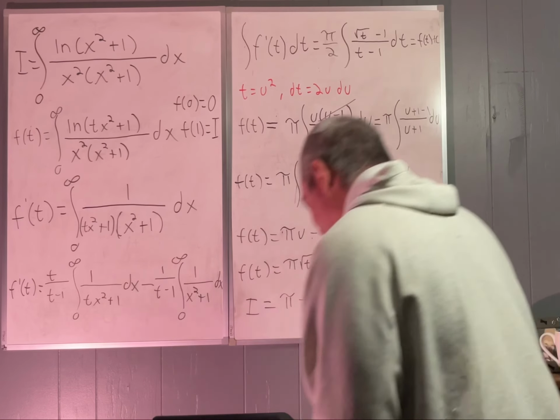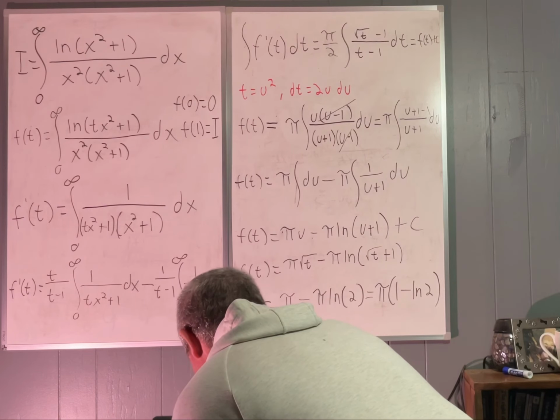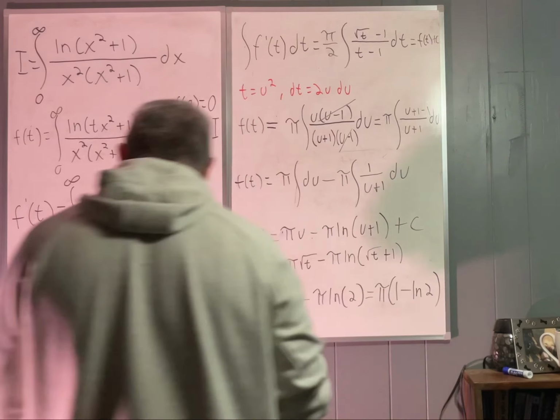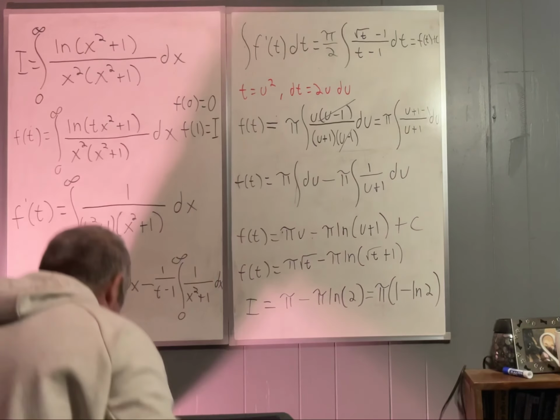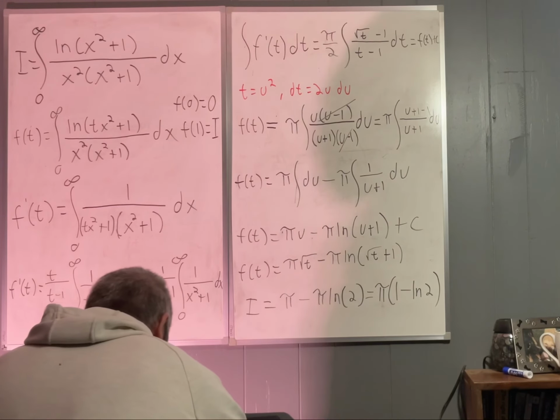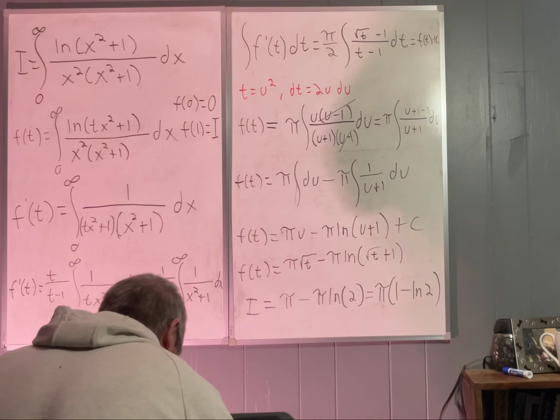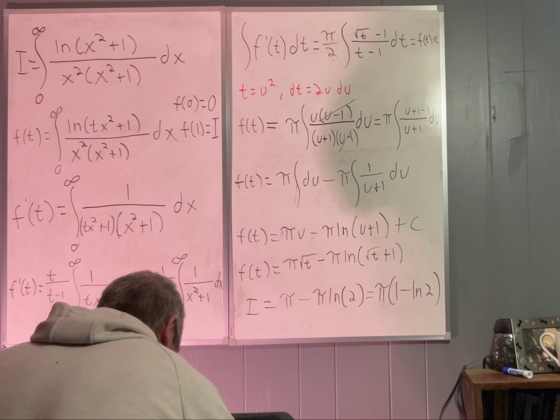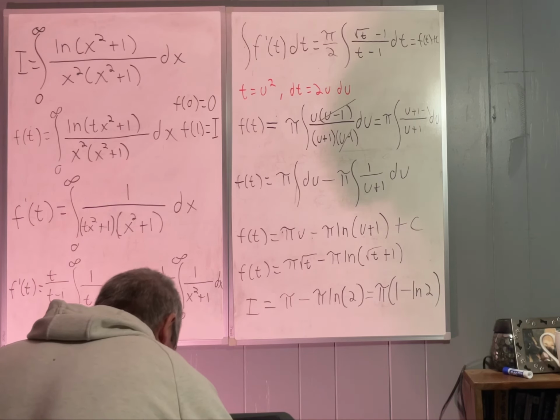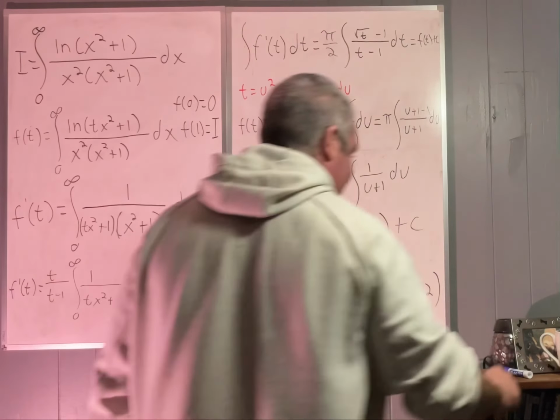I want to make sure that's actually the right answer. I'll have to punch it into my calculator here. Pardon me one second. I'm pretty sure that is the correct answer. Let's see. Pi times 1 minus natural log 2, about 0.964. Yep, that's correct.